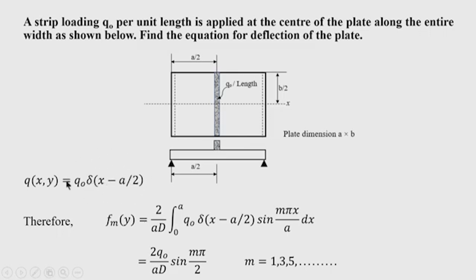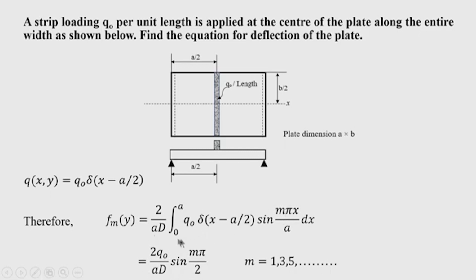So, I can express this loading as q naught Dirac delta x minus a by 2. After substituting this loading function into f m y, which is required to find the non-homogeneous term of the differential equation, and by virtue of the property of the Dirac delta function, we can easily write 2 q naught a by D, where q naught is a constant, and sin m pi by 2.